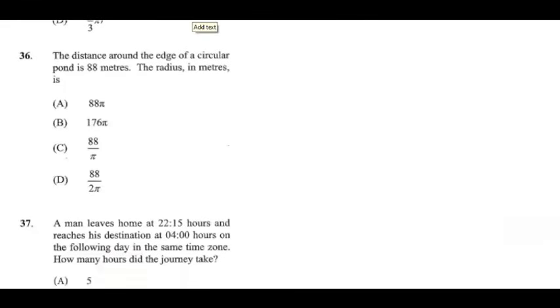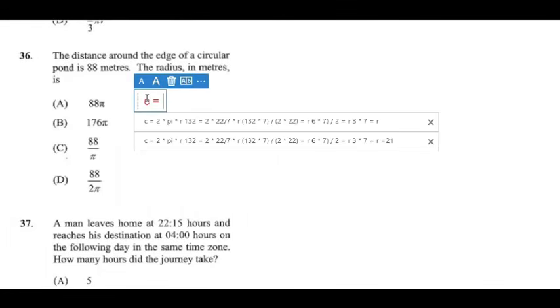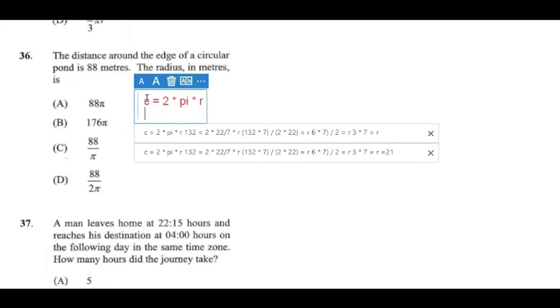So 36, the distance around the edge of a circular pond is 88 meters. The radius in meters is, so circumference is equal to 2 multiplied by pi multiplied by r. So the circumference is given as 88.